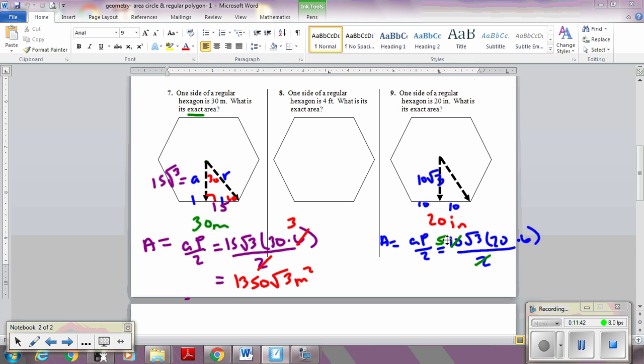And then it would be 5. I know that 5 times 20 is 100. And then 100 times 6 is 600. So that would be 600 root 3. And then the units are inches squared for the exact area.